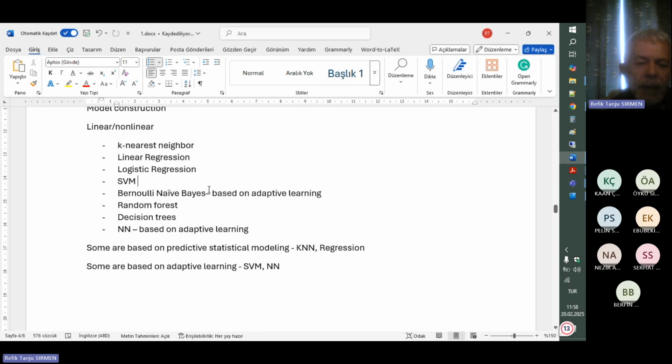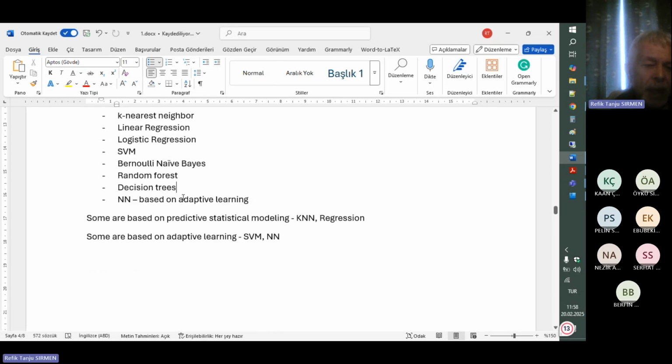Or naive Bayes. We are going to talk about them, all of them, this semester. Random forest, decision trees, and also neural networks.